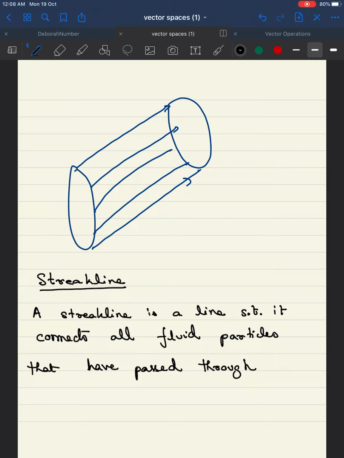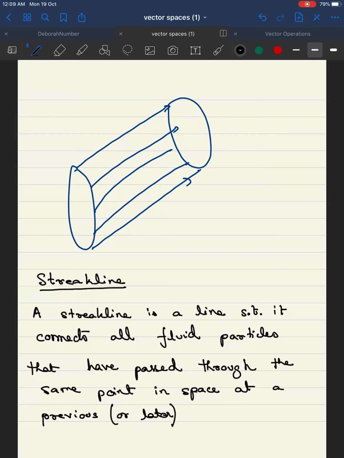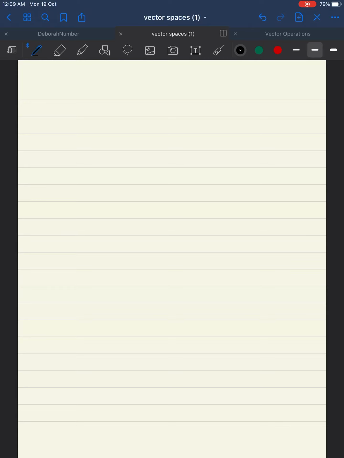So basically there is a line where all the hydrogen bubbles have passed basically at the tip of the needle at some time, right? So they have passed through the same point in space at a previous or later time. So basically, again, remember the video that we saw.